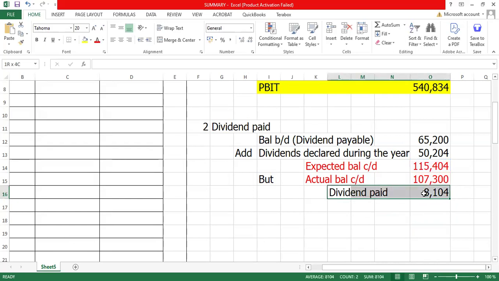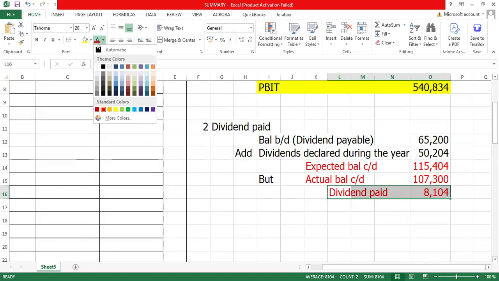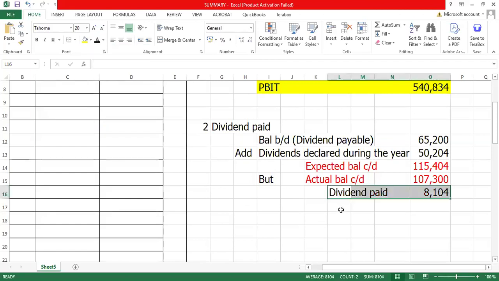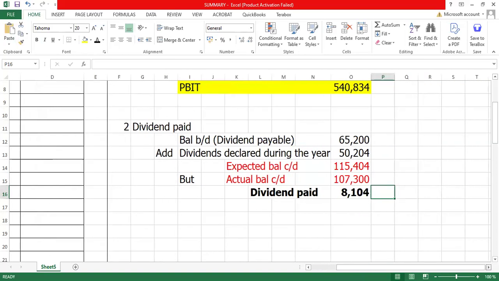So this will be part of our financing activities. Remember, the dividend paid is always part of your financing activities.